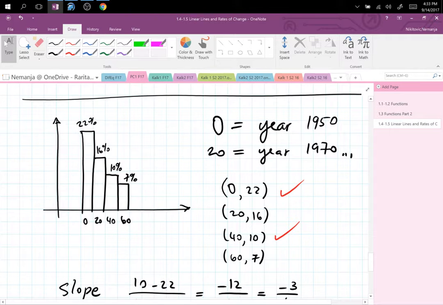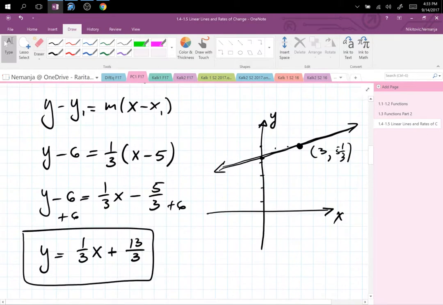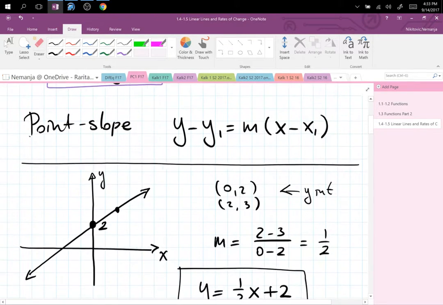If I didn't have the first point, then we would have to use one of the formulas to calculate. You can use the slope-intercept formula. You have the slope, and you plug the point in, the one that I reviewed. This one, point slope. There you go.